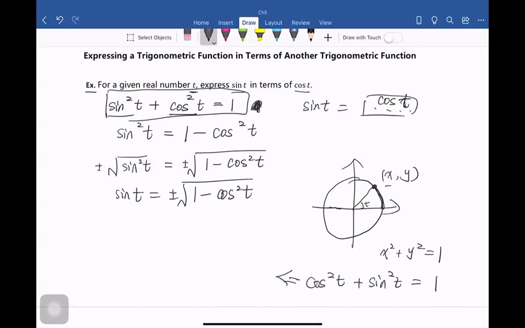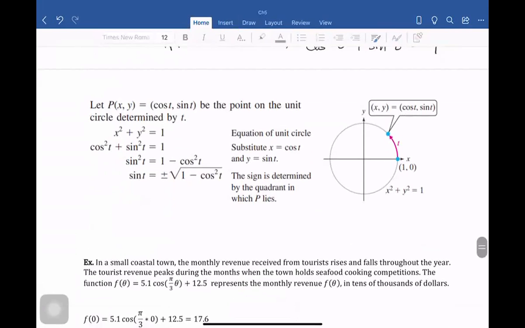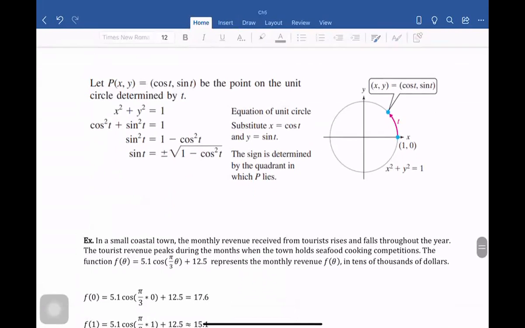So we isolate sine squared t equals 1 minus cosine squared t, and sine t equals plus or minus the square root of 1 minus cosine squared t. So you can use either way, the unit circle or the identity, and have the same result.